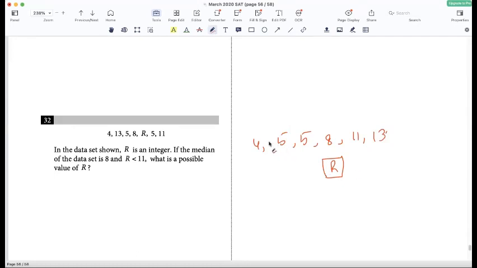So how many numbers? 1, 2, 3, 4, 5, 6, 7. So the median has to be the fourth value. Okay, so R has to be between 8 and 11 because it is less than 11, right? So it can be 9 or 10. It can also be 8. So it can be 8, 9, or 10.